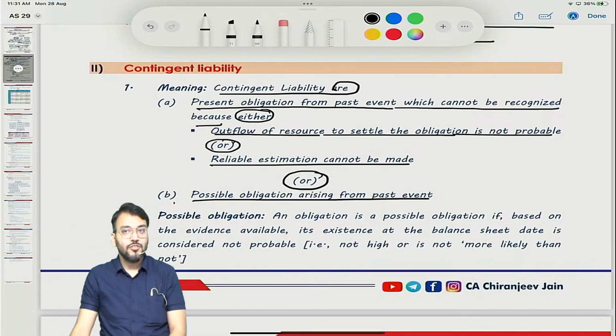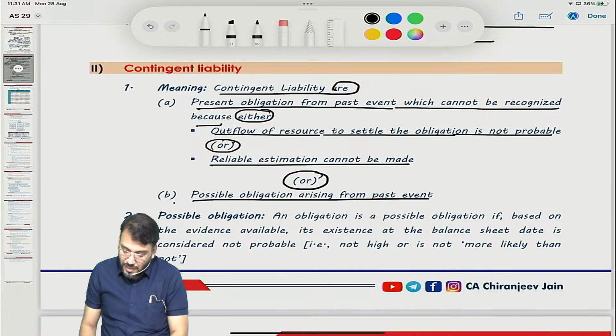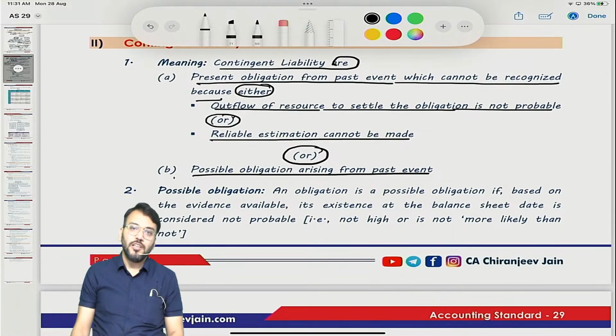Have you understood? Correct. Definition you understood? So I think you have understood what is a possible obligation.